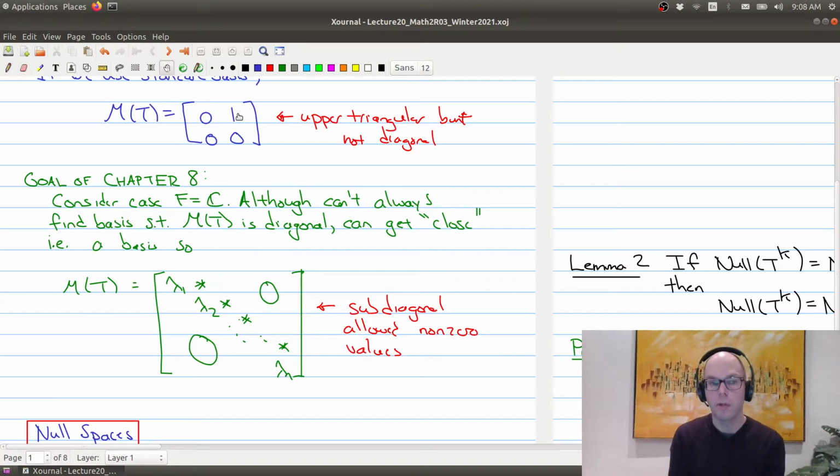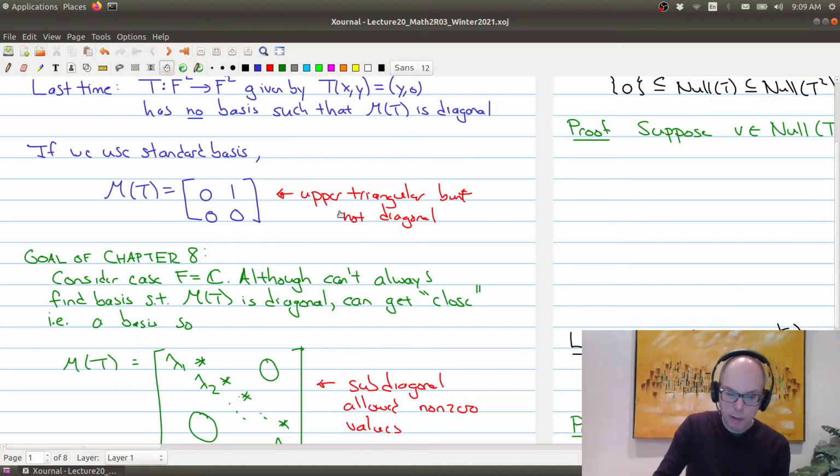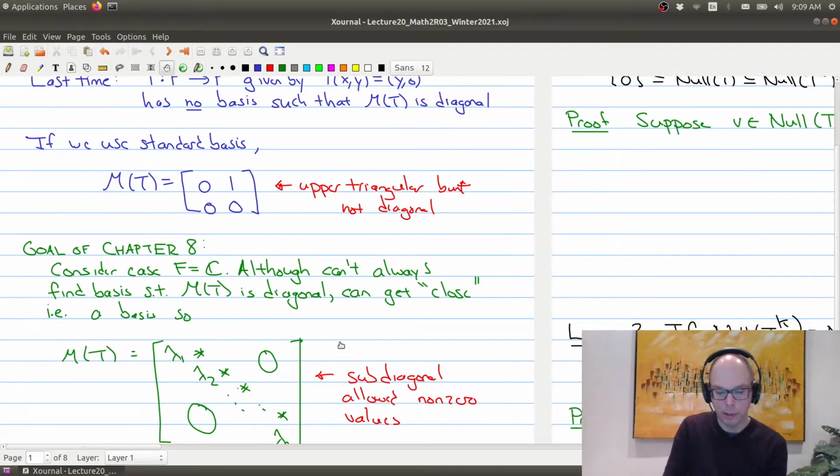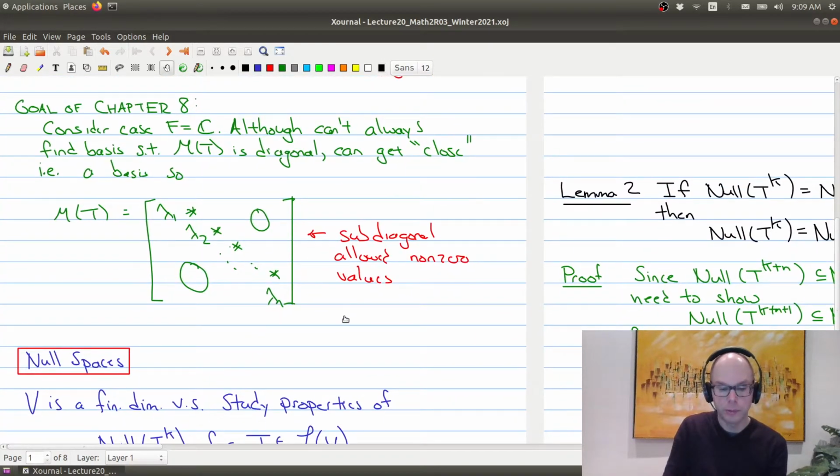That's our goal: even though we fail to find a basis such that the matrix is diagonal, we can get close. It's a diagonal matrix, allowing some other entries along this diagonal to be non-zero. So that's the goal of chapter 8.